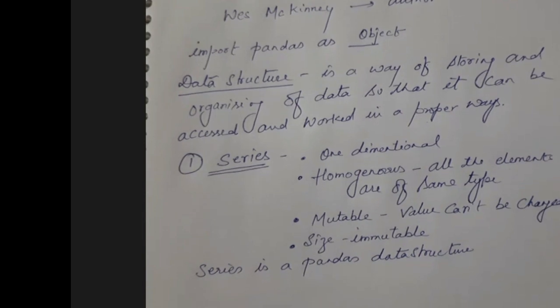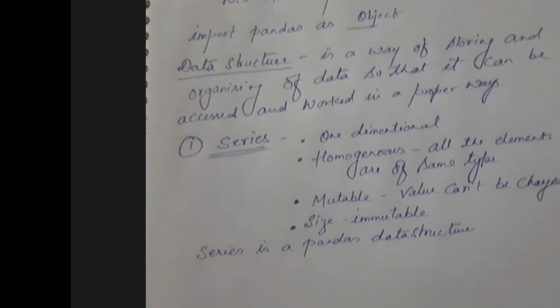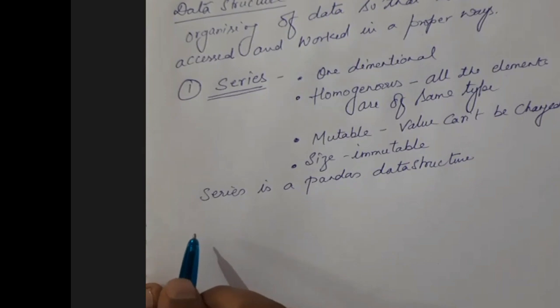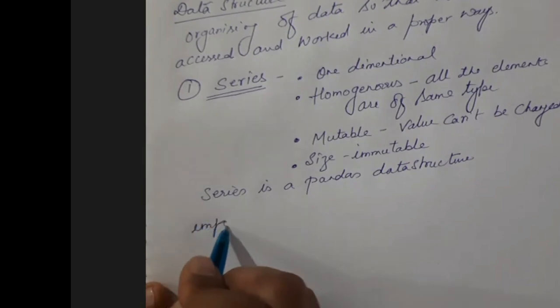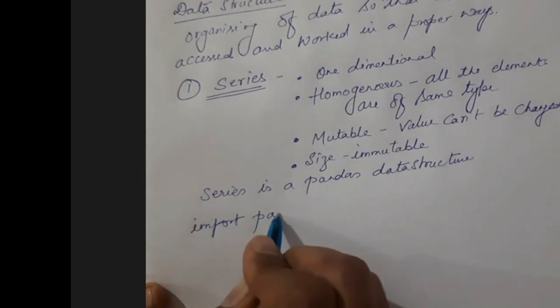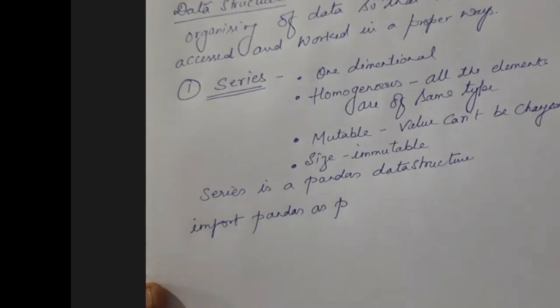So when we want to create a series, we will write a simple program. How do we write it? We will write import pandas as p. Say I'm taking a variable p.